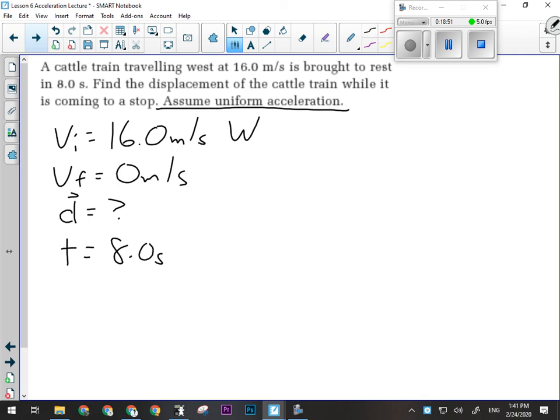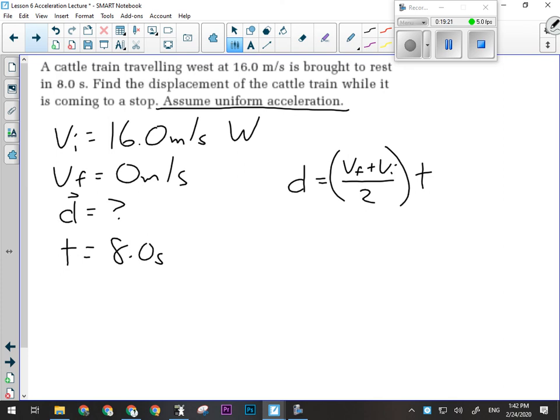Assume uniform acceleration. So first I've got that big hint that we talked about already, and secondly, I have VI, VF, and T, and I'm looking for D. The only formula I have that fits that bill is this one: D equals VF plus VI over 2 times T. In this one, I am looking for the displacement, so I don't even have to manipulate it.